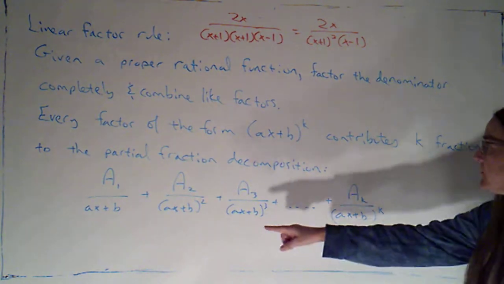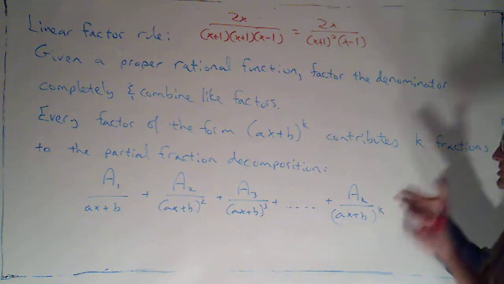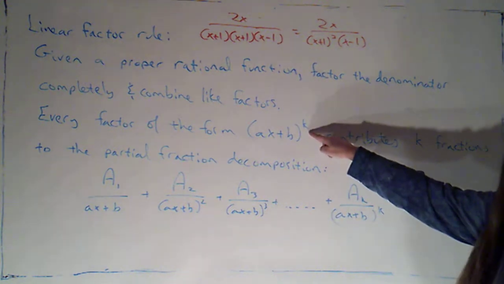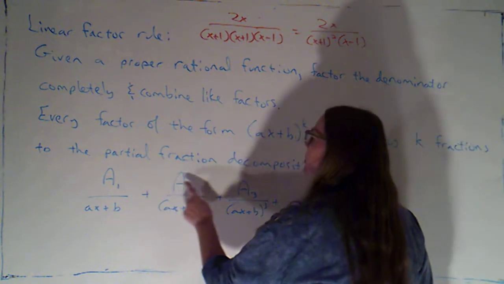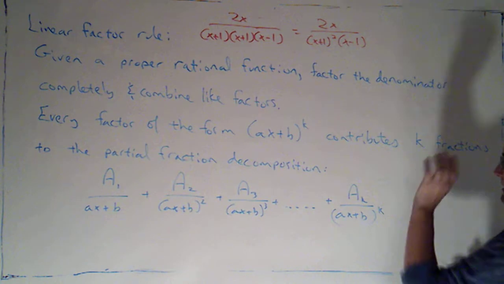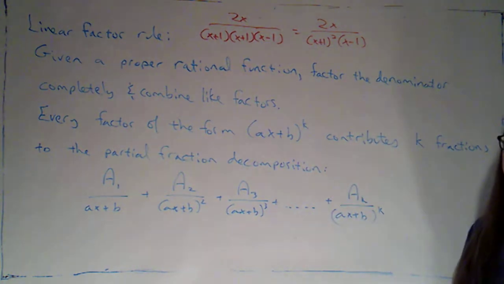So the denominators are just that linear function, starting with the first power all the way up to the highest power that occurs. The numerators are all just constants. These capital A's, I've got the first constant, the second constant, the third constant, they're all just constants.